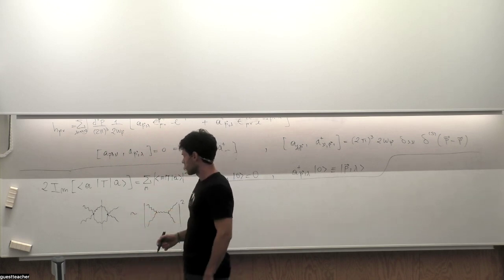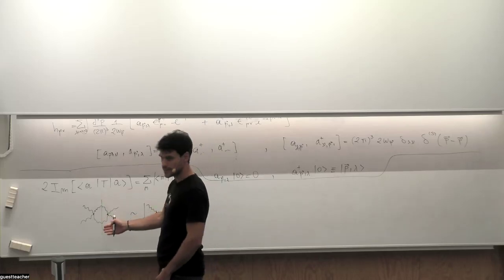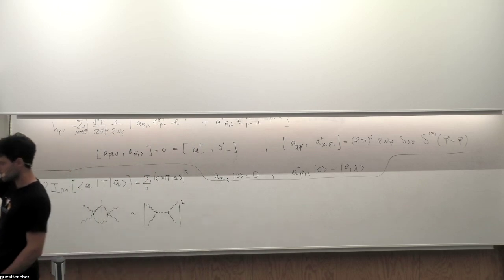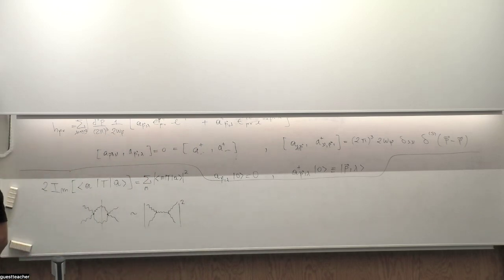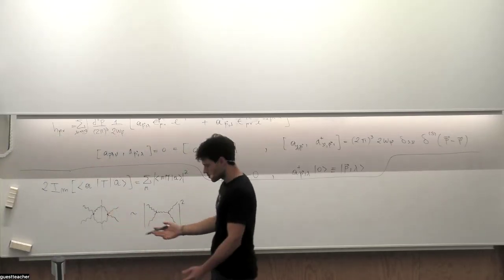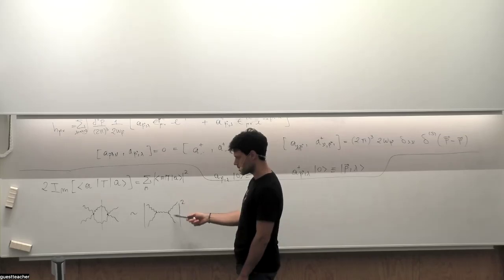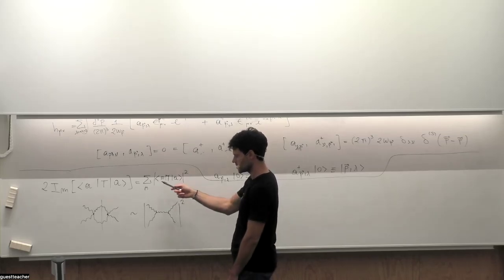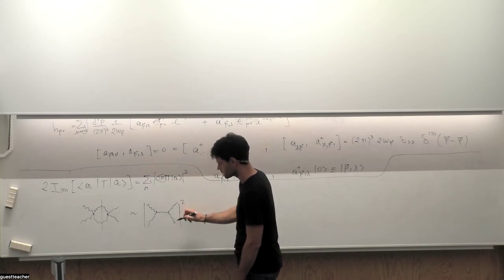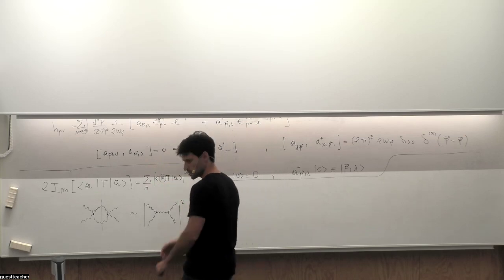Now, the thing is that in the procedure of this cutting, as I said before, a propagator, when it's off shell, can have both on shell physical polarizations and also polarizations that are not propagating. Now, when you cut this, you should make sure that what you get in these intermediate states n, in this sum, is everything you can get here. So one way to write this is like this. Let me be more specific.